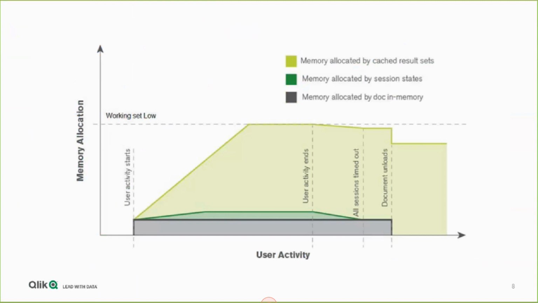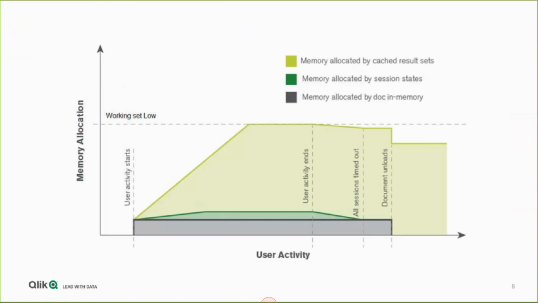What I'm showing you now is a graph of a probable load of memory on your system. This top line here where it says working set low, that by the way is QlikView terminology. With ClickSense, it's going to be min memory usage, and then for working set high it's going to be max memory usage. This is configurable in your system. It's automatically set to, I think, 70% for the min memory usage in your system.